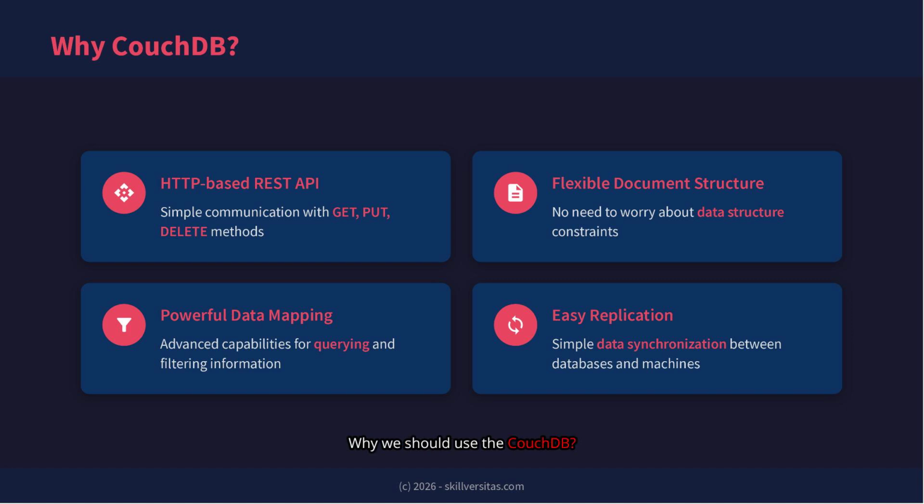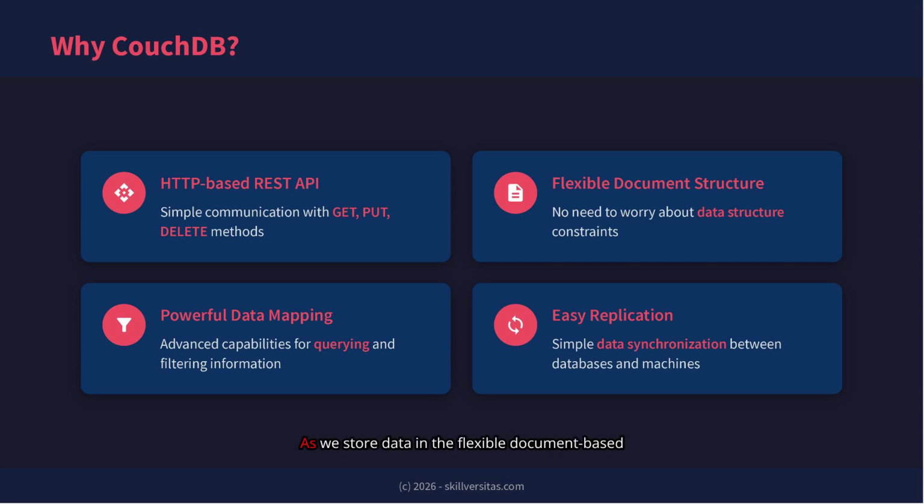Why should we use CouchDB? These are some of the many things that would make us use the CouchDB solution. Number 1, CouchDB has an HTTP-based REST API, which helps to communicate with the database easily. And the simple structure of HTTP resources and methods, GET, PUT, DELETE, are easy to understand and use.